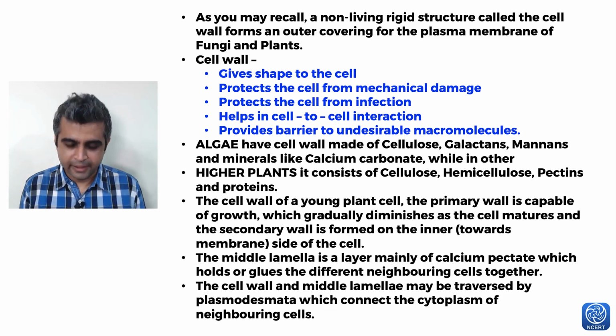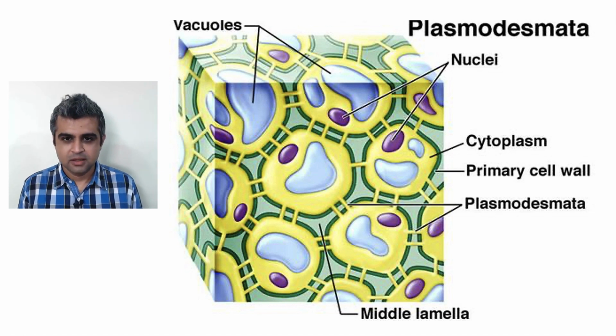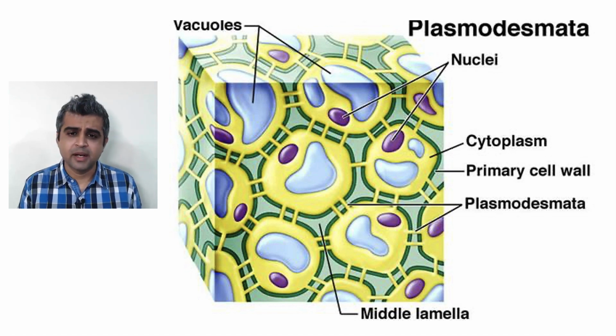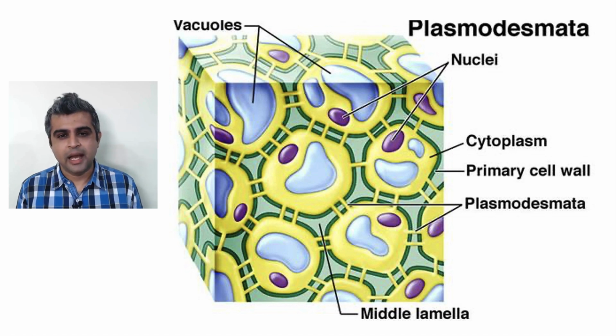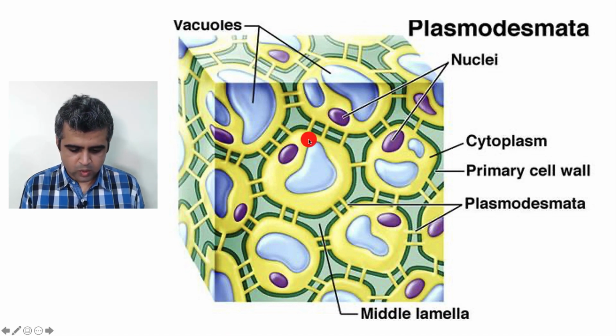Great. So this picture illustrates, for your better understanding, the various plasmodesmatal connections. If you've understood everything so far, this picture should be absolutely crystal clear to you. So these yellow cytoplasm cells, you can notice here, they have a purple nucleus. This large thing is a vacuole.